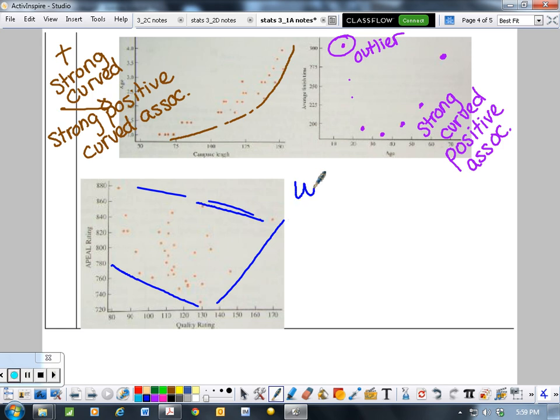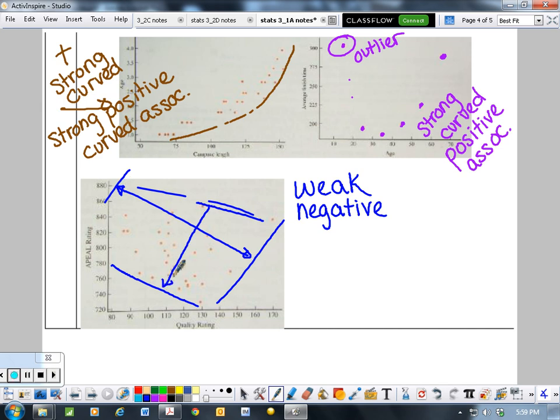So this is definitely weak because you have a hard time really telling the direction. I'm going to go with negative association, mainly because if I were to go side to side, that width going up is really big. But if I go down, this width is much smaller. So that gives me an idea of where to go with that for our negative association.